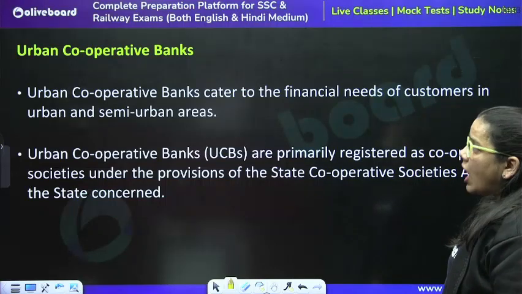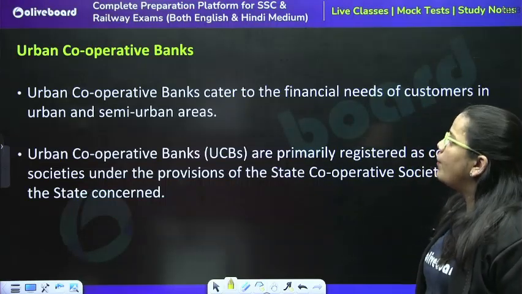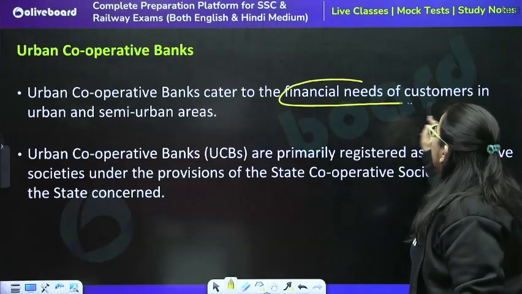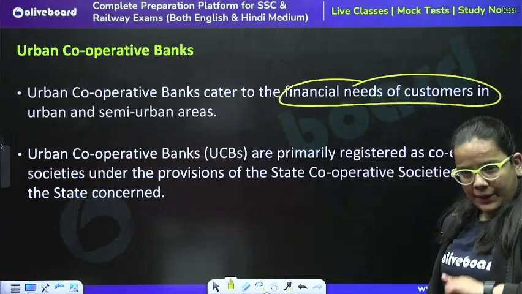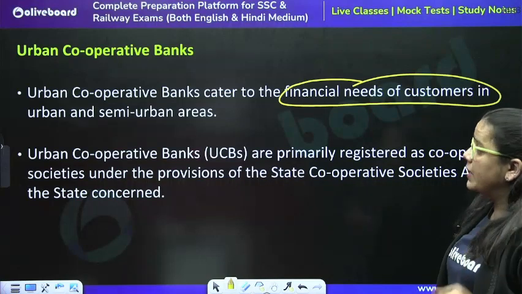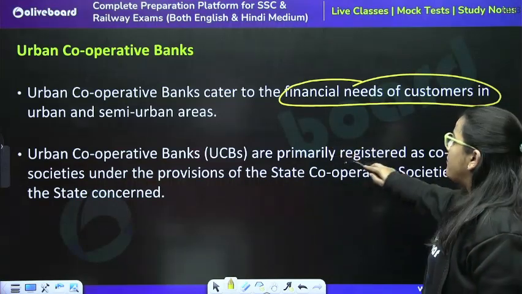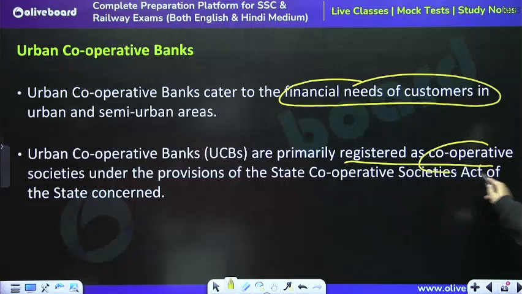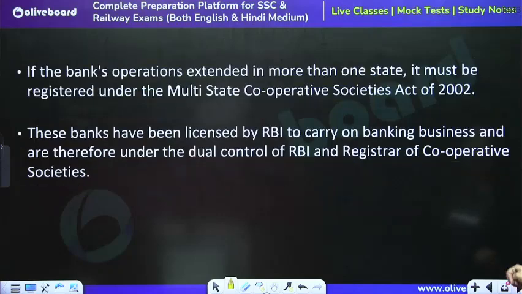The next is urban cooperative banks. Urban cooperative banks cater to the financial needs of customers in urban and semi-urban areas, just like a local area bank, LAB. Urban cooperative banks are primarily registered as cooperative societies under the provisions of the State Cooperative Societies Act of the state concerned.